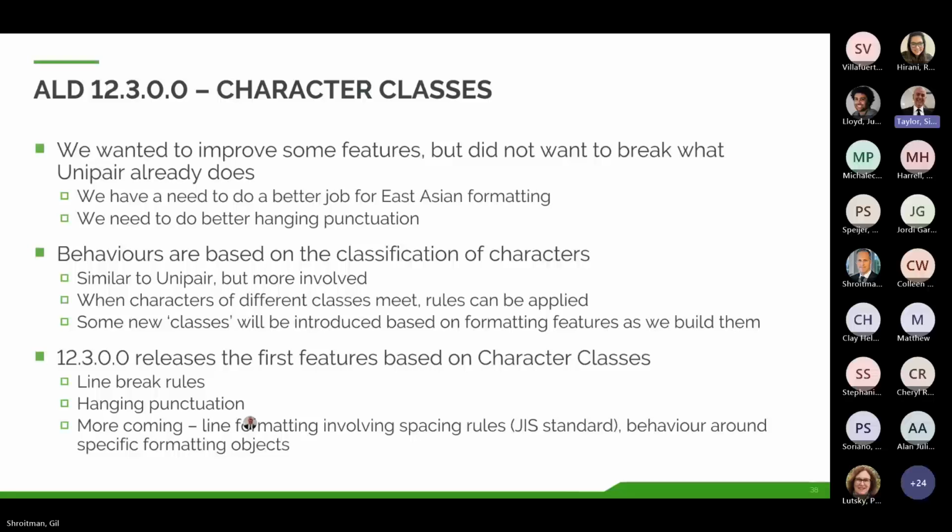There's a lot of very specific rules in the JIS standards, I can't remember the number, 4025 it might be, which say how to build lines and how to format lines, and this will be built into the character class functionality in the future.